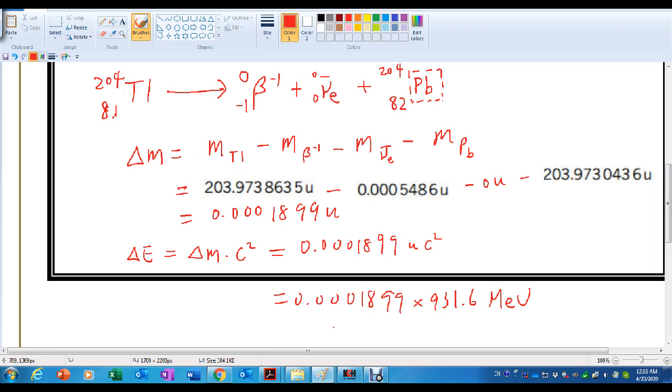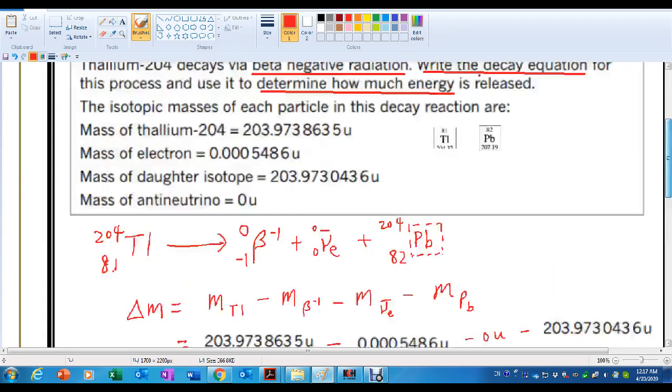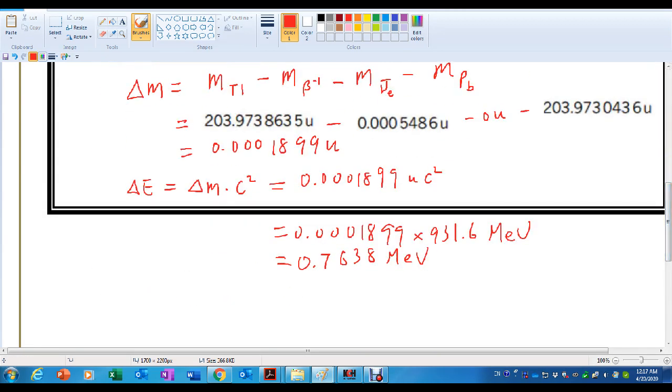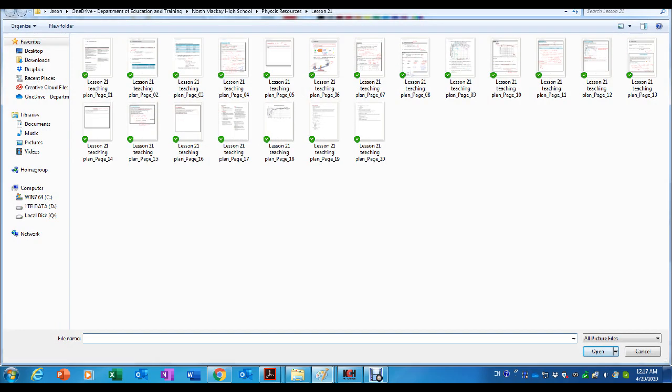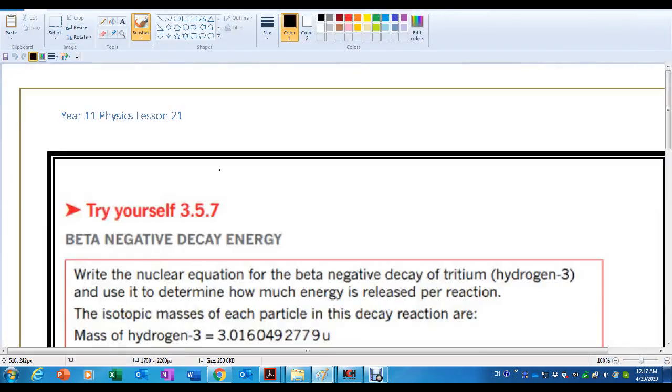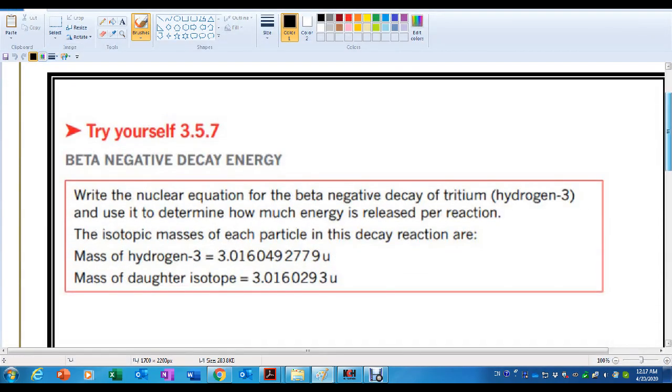So that will get you to 0.7638 MeV. That's our calculation of energy release in a beta negative decay. So essentially the same as alpha decay, but you just need to use another equation. So that's another beta negative decay energy.